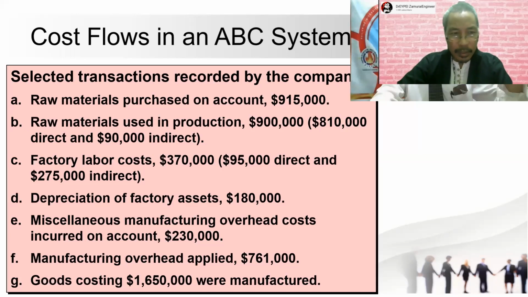The next one is letter B, raw material used in production, $900,000, meaning $810,000 direct and $90,000 indirect materials. So there are direct and indirect materials.